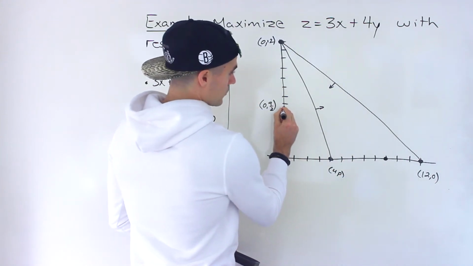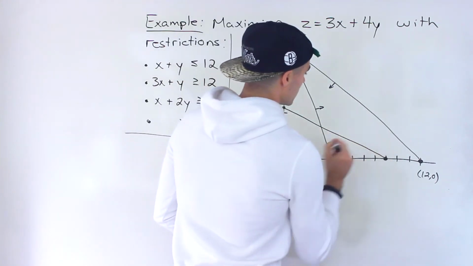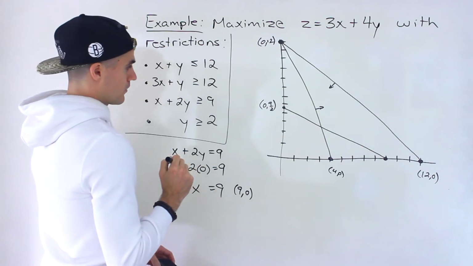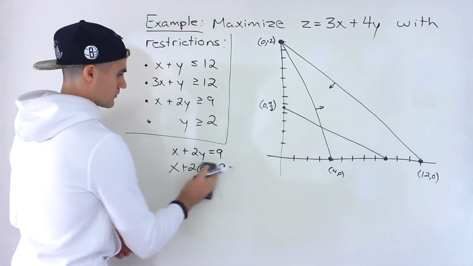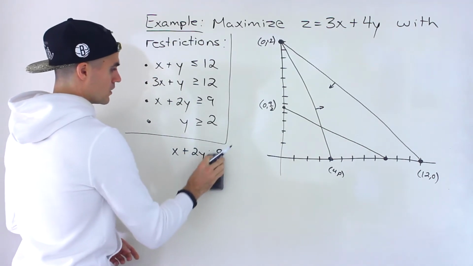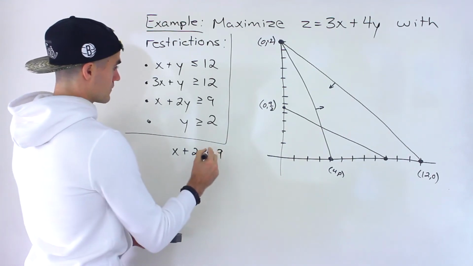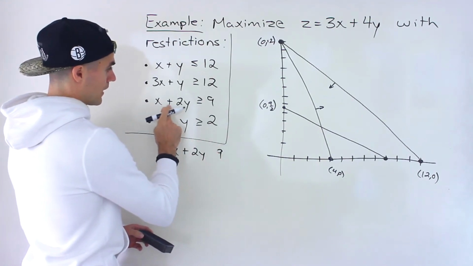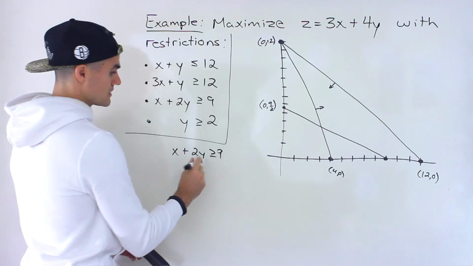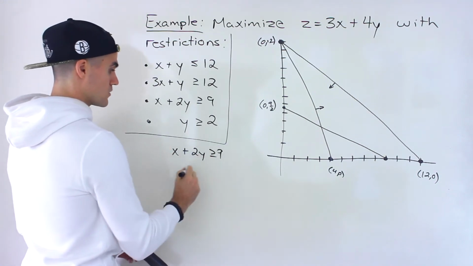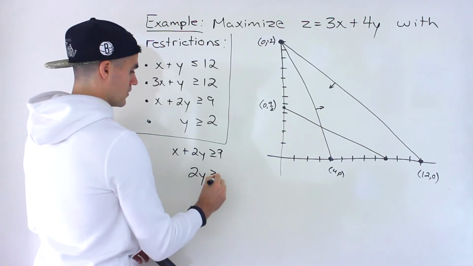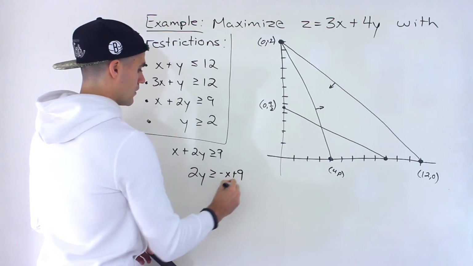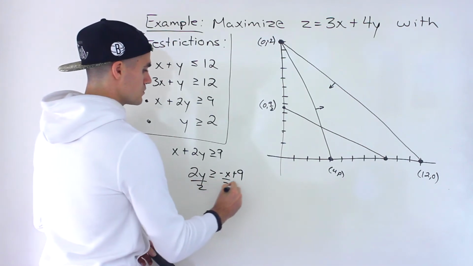Right? So if we connect both of these, we'd end up with that right there. And notice that looking at the inequality, we're looking at when x plus 2y is greater than or equal to 9. So isolating for the y, bring the x over like that, divide everything by 2.